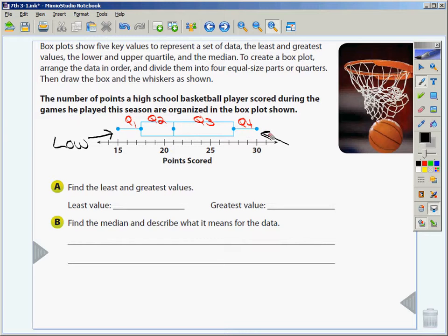How about the 30? What does it represent? It represents the highest point. That number also came from my data. Nothing else that's on there had to have come from my data. It could have, but it didn't have to.